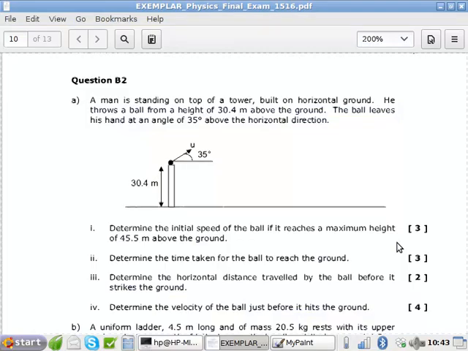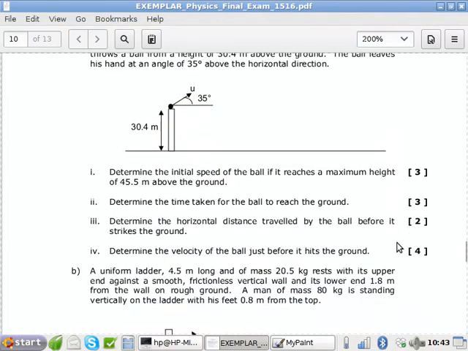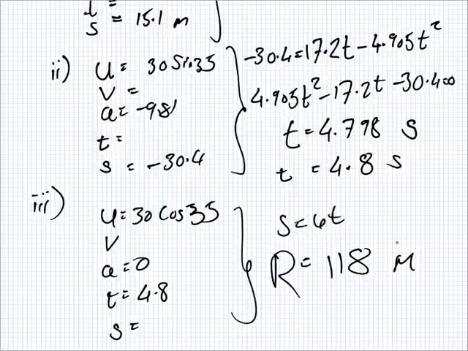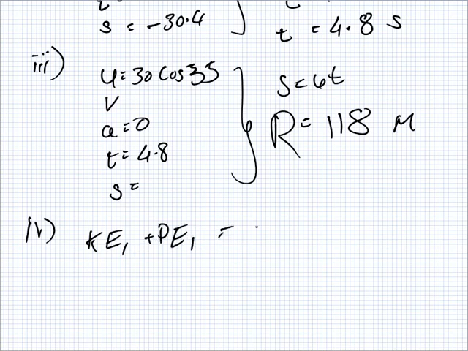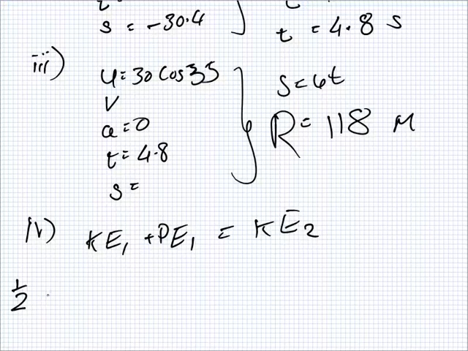Yes. And then, what's the velocity of the ball just before it hits the ground? Well, it's the kinetic energy at the start plus the potential energy at the start equals the kinetic energy at the end. What's the mass of the ball? We don't know, so it's m.